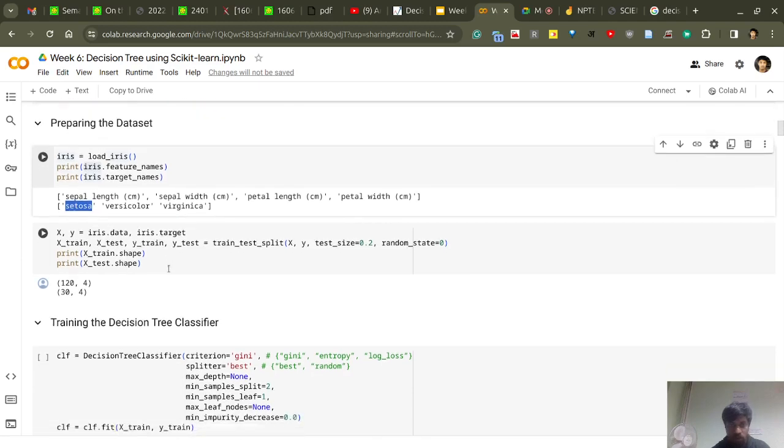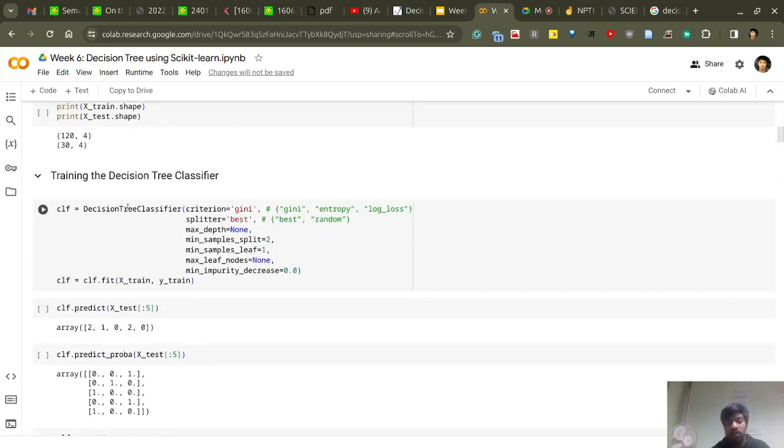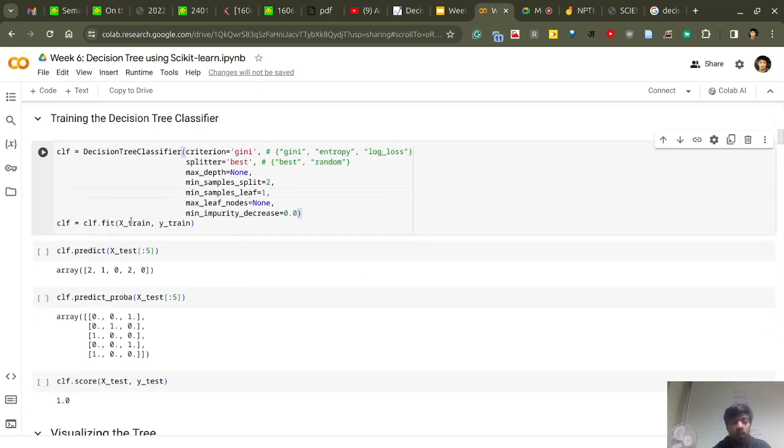So we load the data, and we use the DecisionTreeClassifier module from sklearn, with Gini as the criterion, and best split. We pass some parameters, and then we provide the training data and training labels.